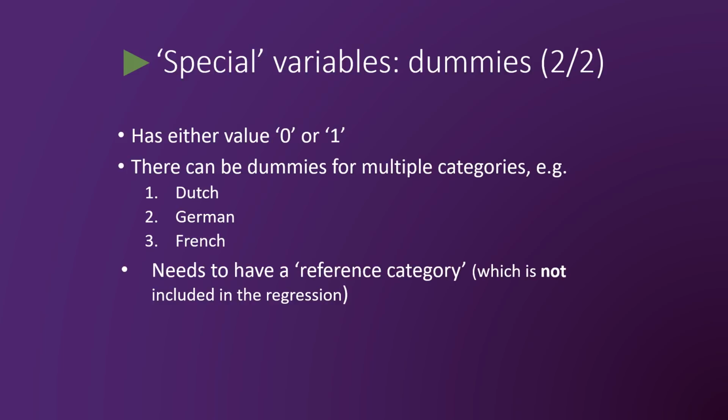But in the tables that you'll see in the tutorials, it is simply mentioned as the reference category. That means that, for example, with Dutch, German, French here, we would not have a value for Dutch, and the value that we get for German is how Germans are different as compared to the Dutch. The value that we get for French is also how the French are different as compared to the Dutch. This is how you read that. Again, we'll spend some time on this in the tutorial.